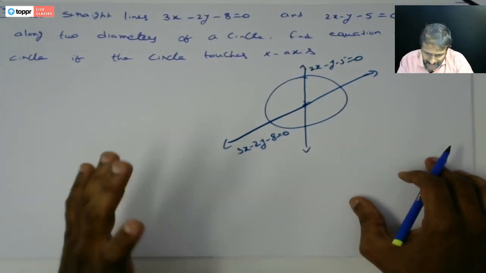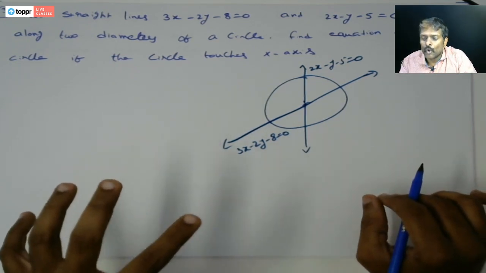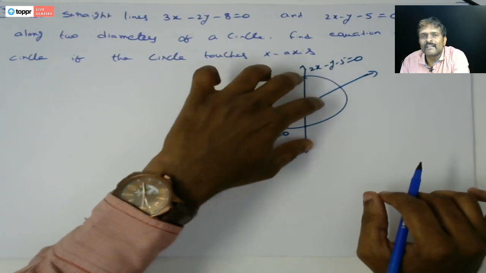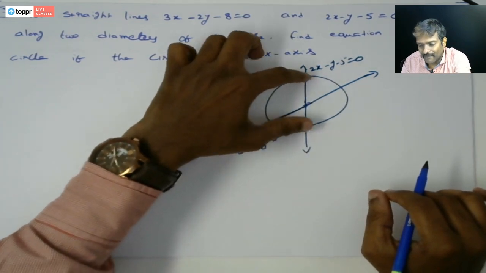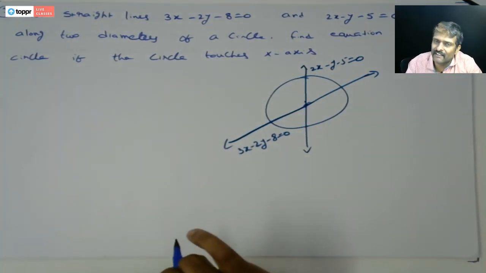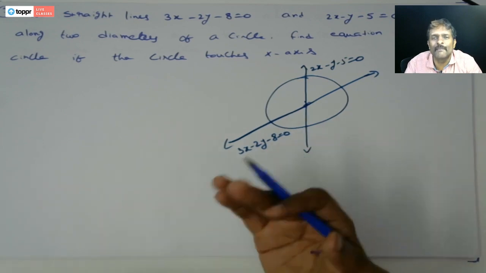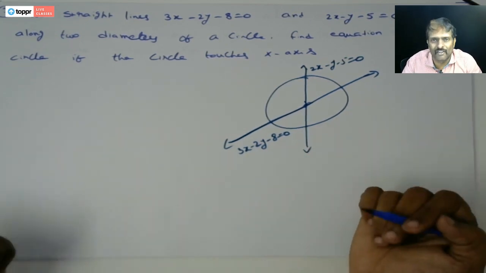If you look into it a bit carefully, you will know that these two are the diameters. If you take them as line segments, they are the diameters. They intersect at the center. That means if we solve these two equations as simultaneous equations, you get the center of the circle, right?